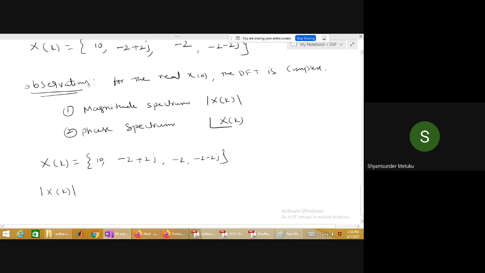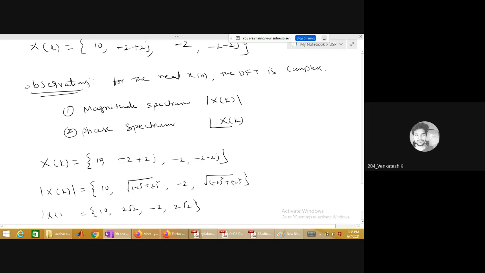Can anybody tell? 10, under root of minus 2 whole square plus 2 whole square, is it not? Yes, sir. So what do you get? 10, comma, under root of 8 now? 2 root 2. Then minus 2. Then 2 root 2. Yes or no? Yes, sir.